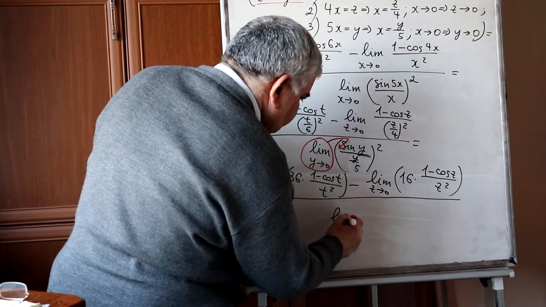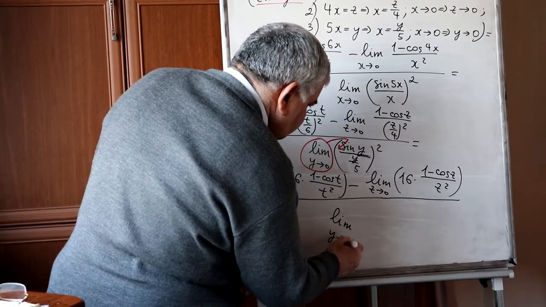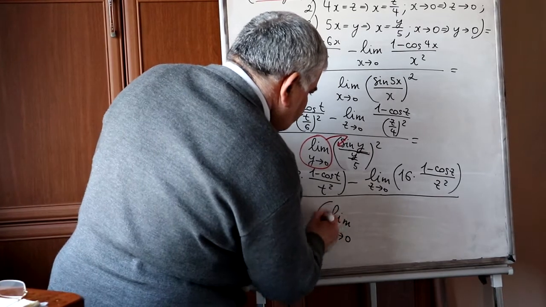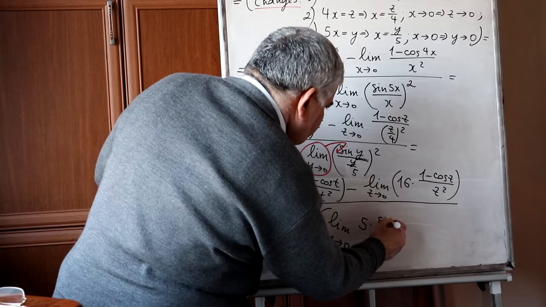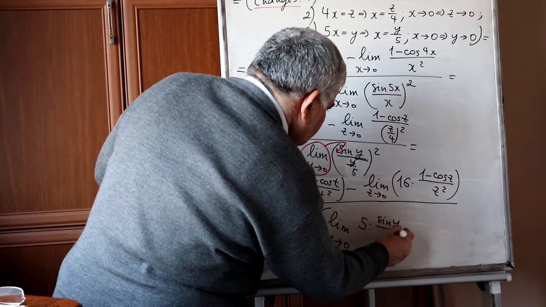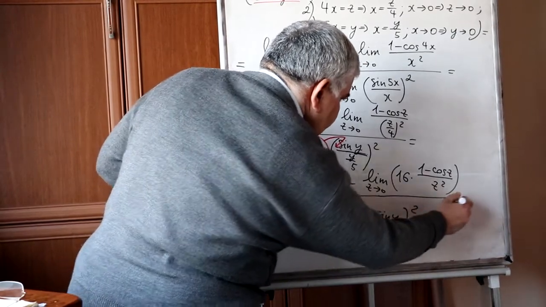Limit when y tends to 0 of 5 sine y over y squared. Then continue.